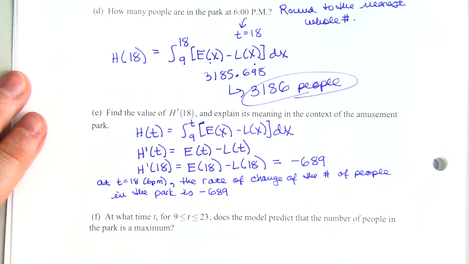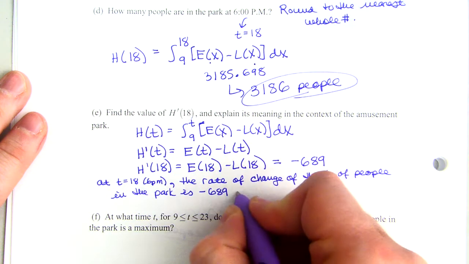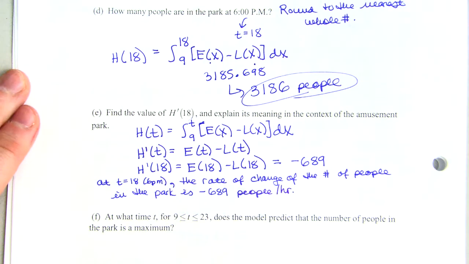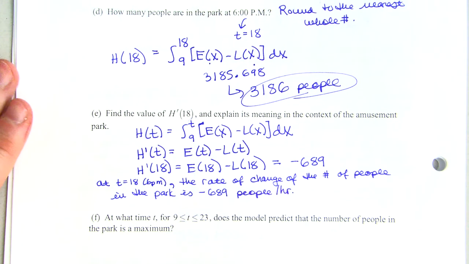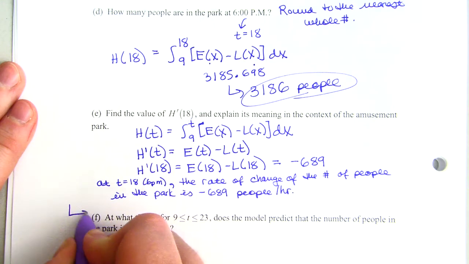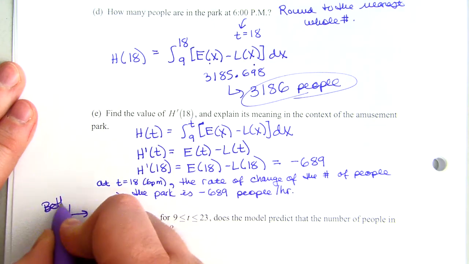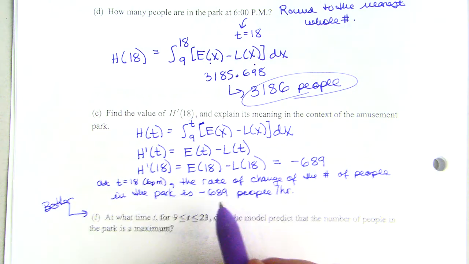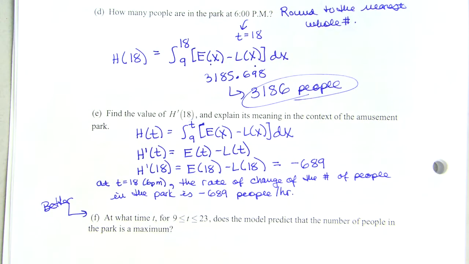I need units. H of t is people. The derivative is people divided by the units of t, so people per hour. And I would accept that as an answer. There's maybe a better way to talk about this, though. The derivative at 6 o'clock is negative, which means the number of people in the park is decreasing. Decreasing at what rate? At a rate of 689 people per hour.